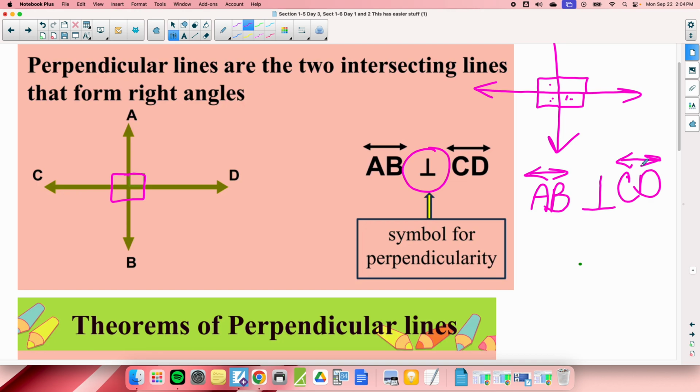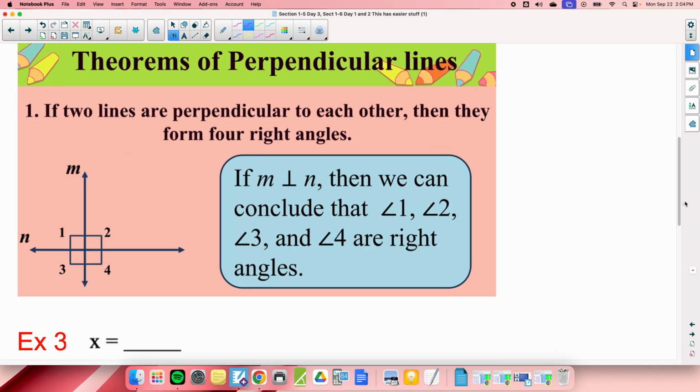And actually all four of those are right angles. So this means perpendicular. If one angle is right, automatically all four are right.